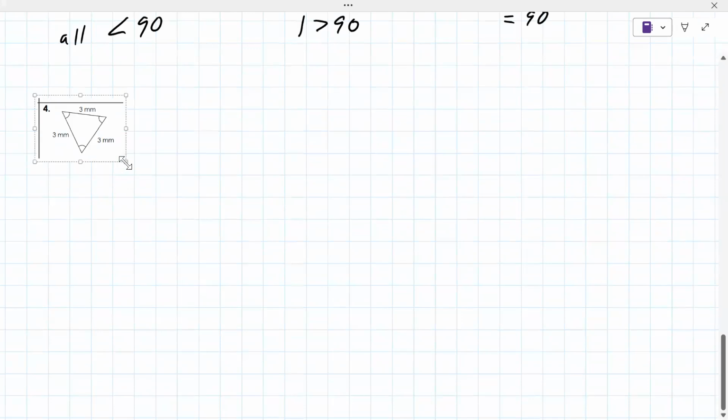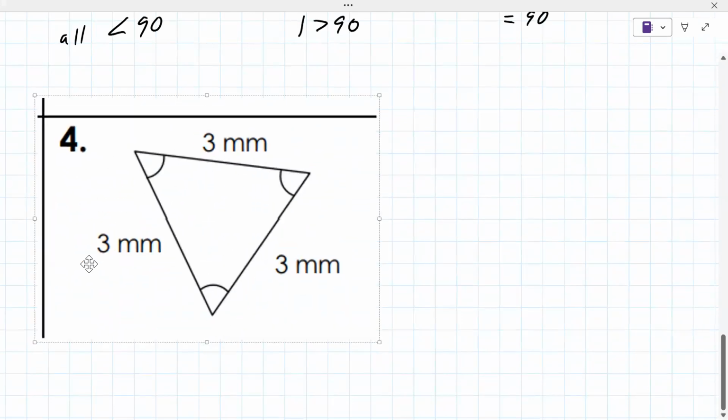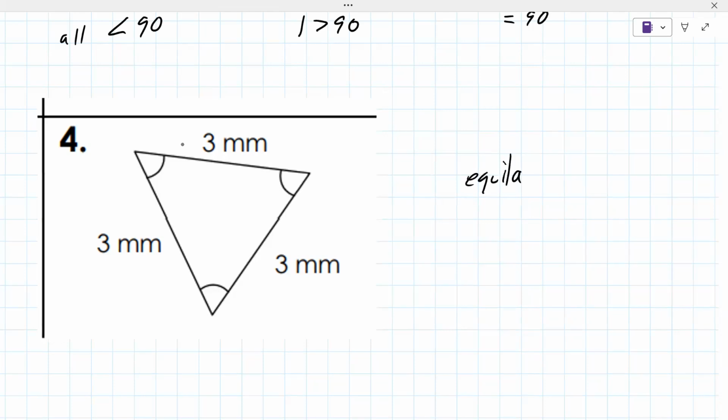Number four, tell me what you see with the sides. Give me a statement that describes the sides. So they're all the same. So it'd be equilateral. Yeah, equilateral.